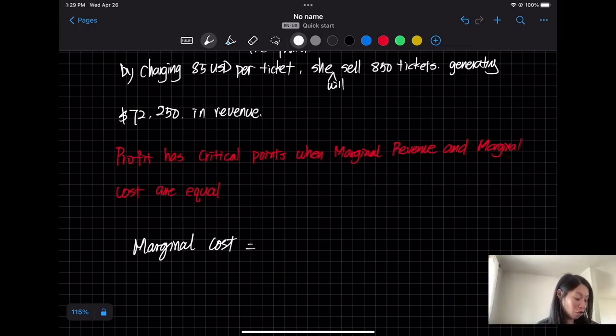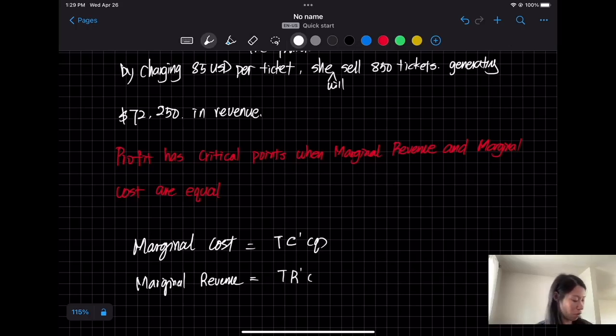By the calculus definition, marginal cost is equal to the derivative of the total cost. And the marginal revenue is equal to the first derivative of the total revenue. Price or quantity, sometimes they have different functions. So now let's see some examples.